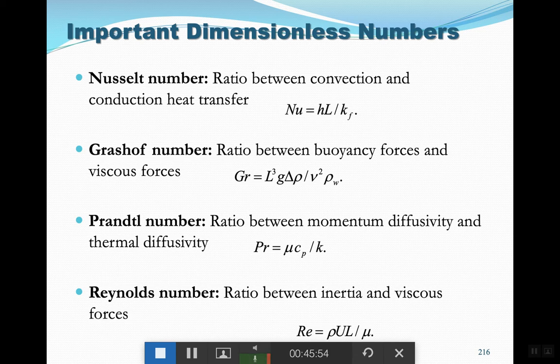The reason Reynolds number is arguably the most important non-dimensional number in fluid mechanics is that, for example in heat transfer, the Reynolds number determines if your flow is laminar or turbulent.